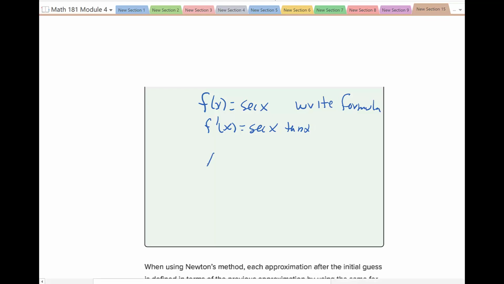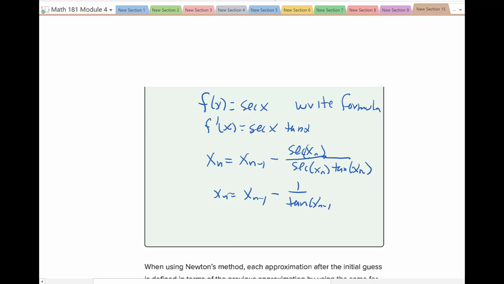So our x sub n would be x sub n minus 1 minus secant x sub n over secant x sub n tangent x sub n. We could simplify that a little bit. We could say that x sub n equals x sub n minus 1, and the secants cancel, so it becomes 1 over tangent of x sub n minus 1. And I guess you could say, if you really wanted to, x sub n minus 1 minus cotangent of x sub n minus 1.